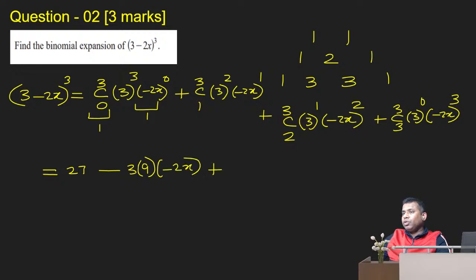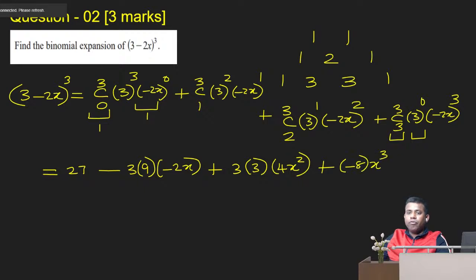Then the next one, 3 choose 2, also 3, then 3 times (minus 2x) squared is 4x squared. 3 choose 3 is 1, and this also 1. Minus 2x to the power 3, which is minus 8x cubed.